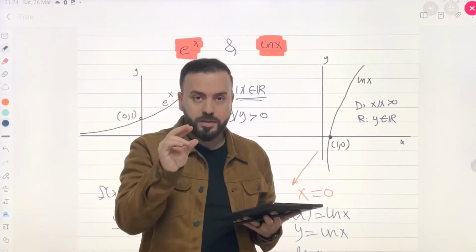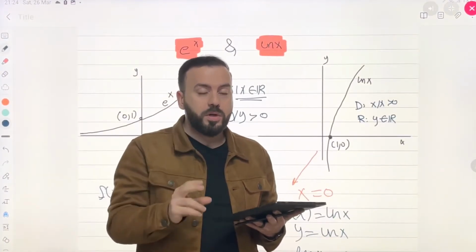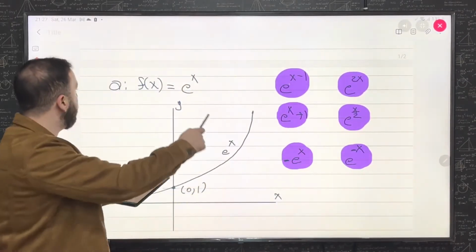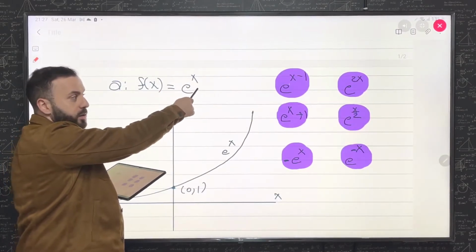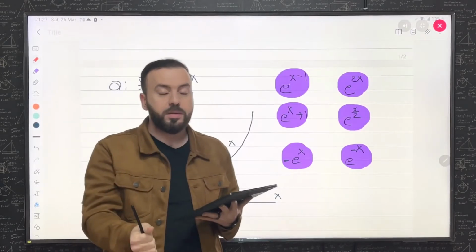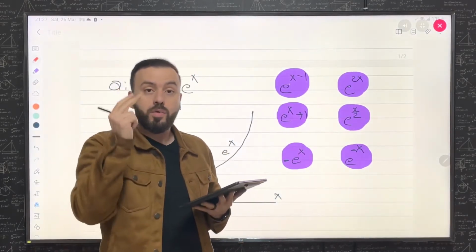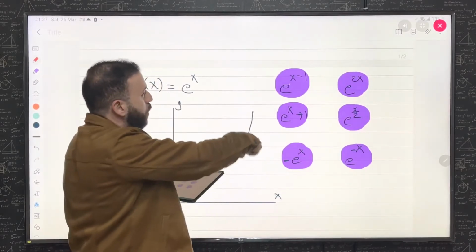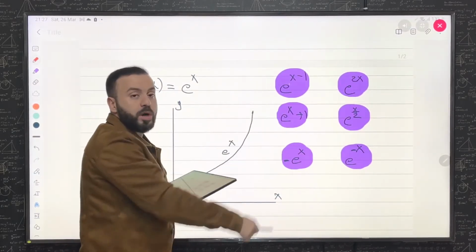Okay, just a small thing to discuss about the transformations. I'll just give you a handout about transformations. Stay with me. One question here. If I have the function f of x equals e power x, what is the change on the intercept, the domain, range, and the asymptote if I do one of the transformations here?